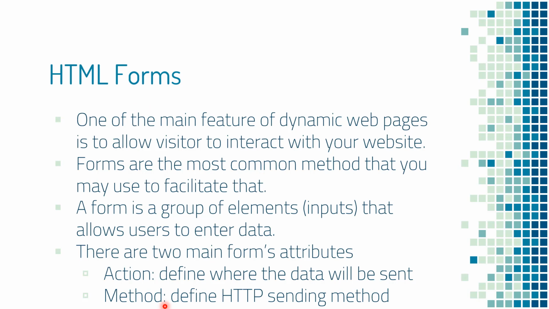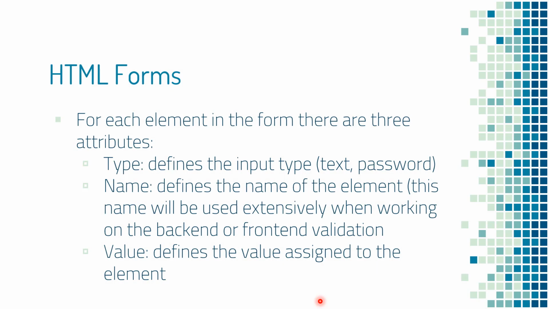Once we start to interact with the backend, we will practice this for sure. But at this point, it's important to remember these two attributes. The action defines where your data will be sent, and the method defines the HTTP sending method, or verb, that will be used for this form to be sent to the server.